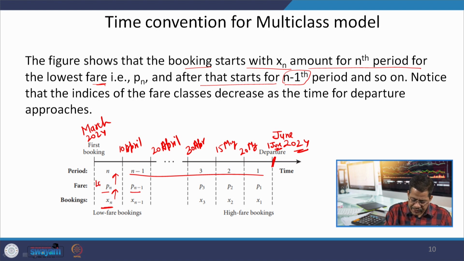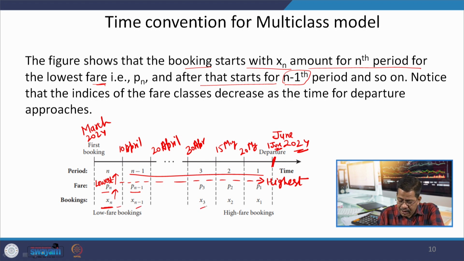This is the lowest fare, and as we are coming closer to the time of departure, we are reaching the highest fare class, and these are the number of bookings which are happening in these particular classes. So, this is the time convention for the multiple class model in our discussion.